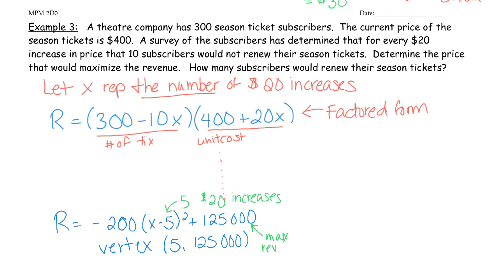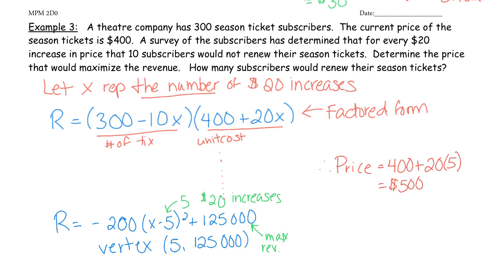Okay, so let's go back to the question and answer the questions that were asked of us. So determine the price. So that's our first part here. So therefore, the price is going to equal, we know it's going to be that $400 plus $20 times 5. So that's going to be $500, okay, for that new season ticket price.